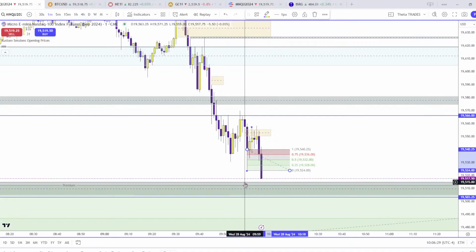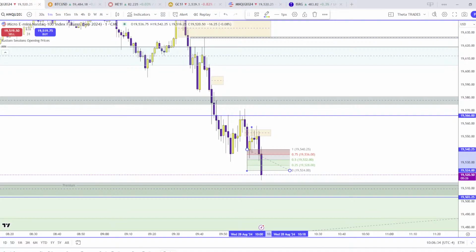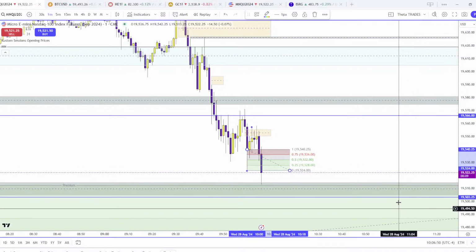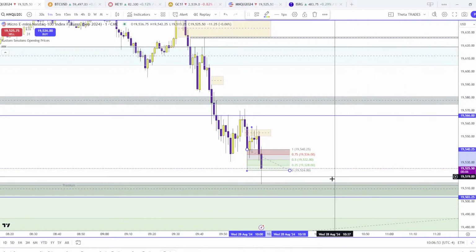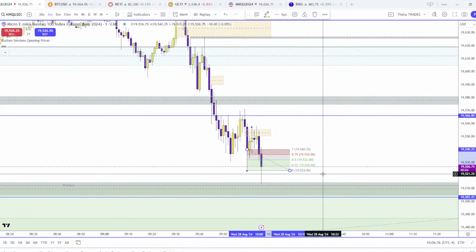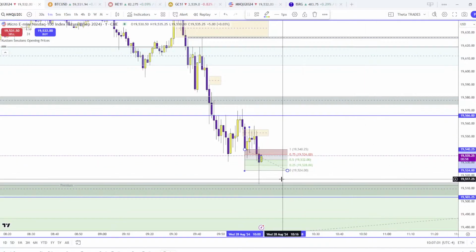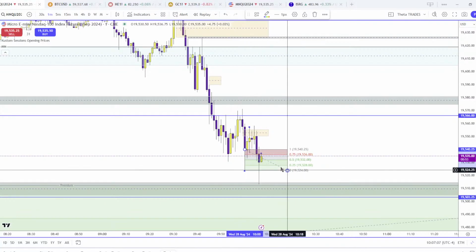So looking for lower prices now. And we're just starting to dig into that 1 hour wick. We traded below the 50% of that.